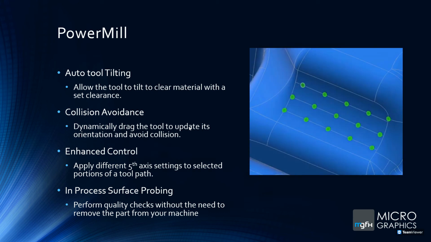So if I go to the next slide here, the next image, we can see that there are control points, and the probe will go and touch down on each of those points while the part is still in the machine. So we haven't had to take the part out of the machine. Those points are probed, and that information is fed back into a report file that can be viewed in various formats, and you can then have a look at that.